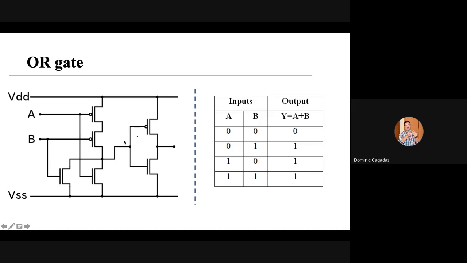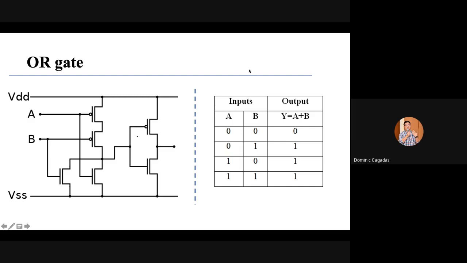If this is high, 1, then the PMOS of the inverter is off and the NMOS is on. Since the PMOS is off, you don't have any supply from VDD, therefore your output Y is low. Understood? Yes, sir.